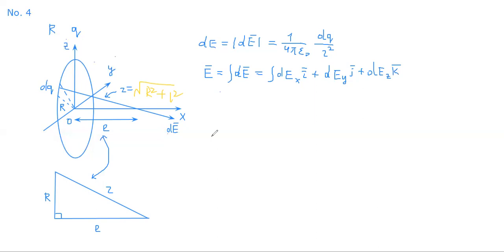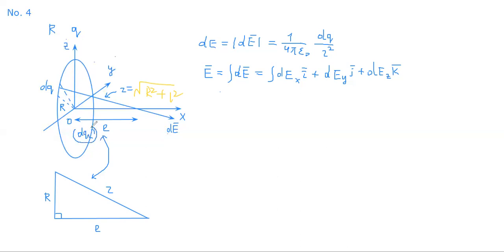The axis of symmetry is the x-axis, or the axis of the ring is the axis of symmetry. For example, we have the same charge dq here and the same charge dq here.